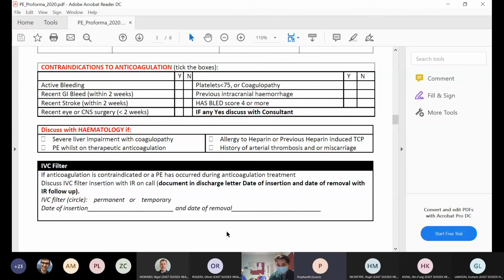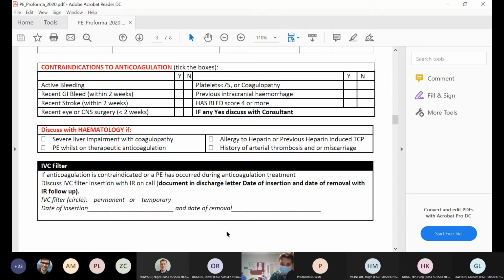What is important is that these people have a date when the IVC filter has to be reviewed and considered for removal. The biggest problem with IVC filters is that they are easy to forget, and people come back 10, 20 years later with inferior vena cava obstruction with a lot of collaterals. Basically, the best practice is: don't forget that the IVC filter needs to be reviewed and removed if necessary.